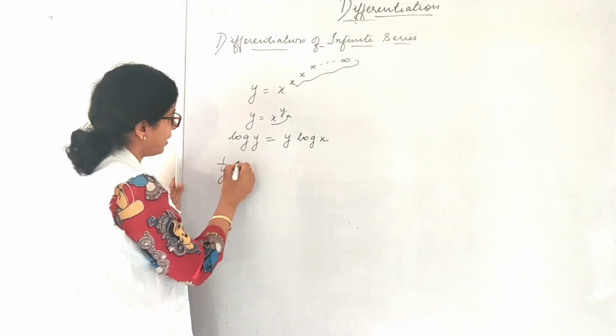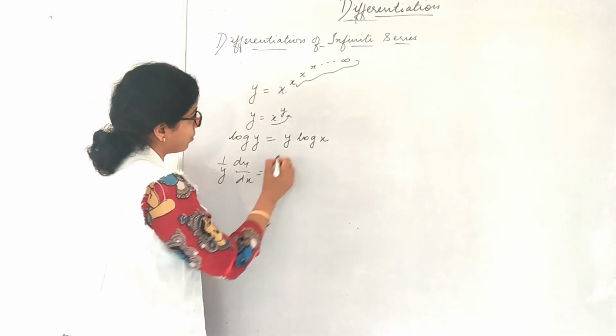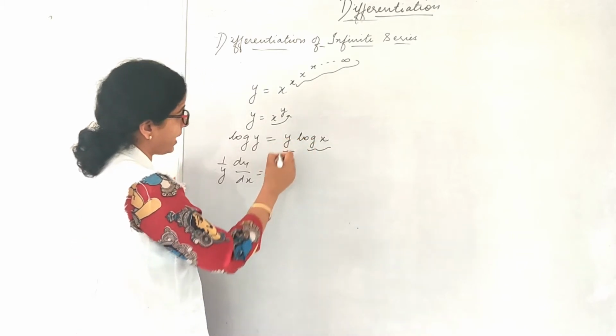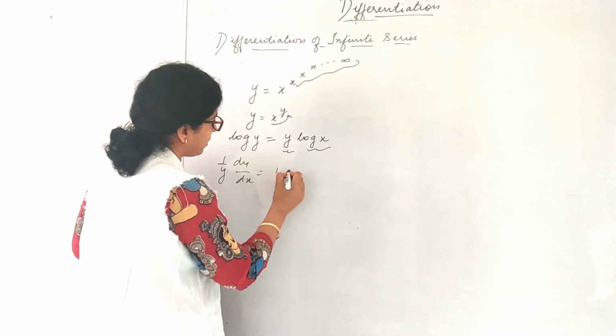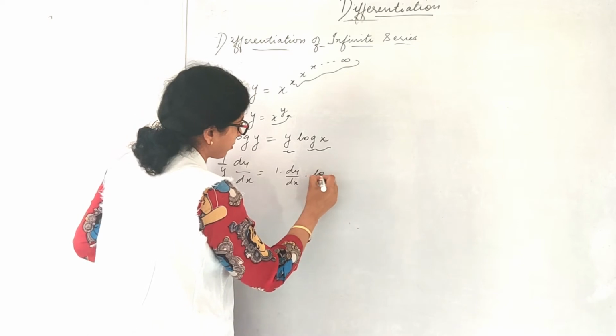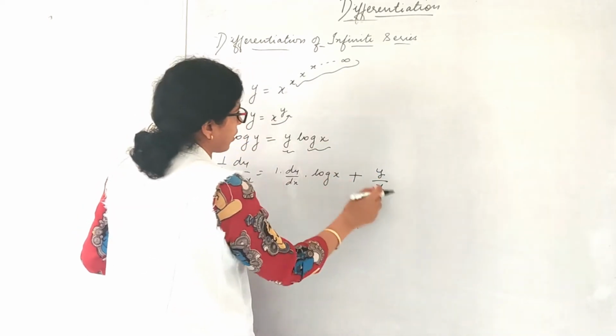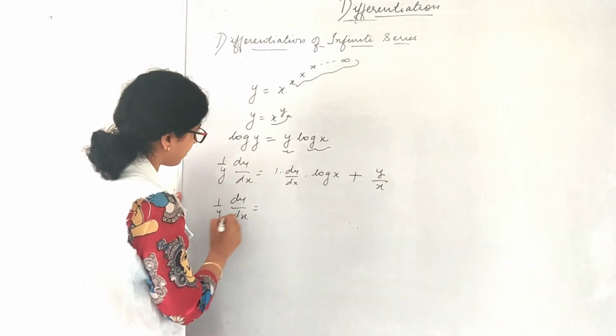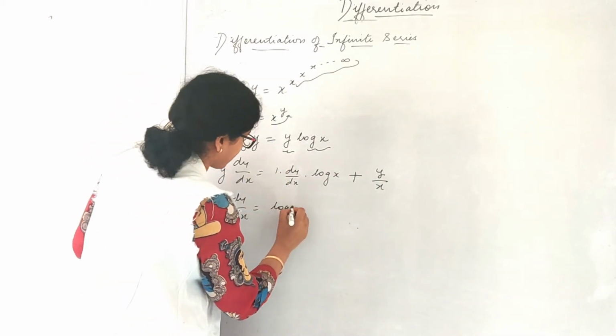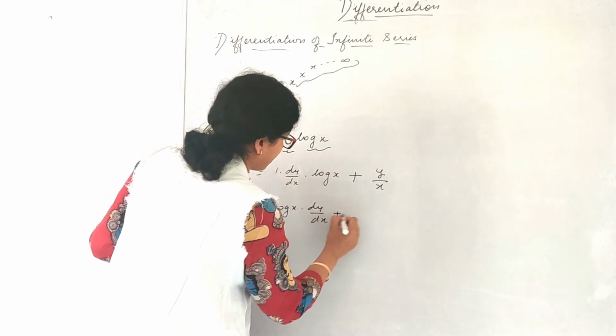So 1 upon y dy by dx equals, using the product rule, dy by dx into log x plus y into differentiation of log x, which is 1 upon x. So 1 upon y dy by dx is equal to log x into dy by dx plus y upon x.